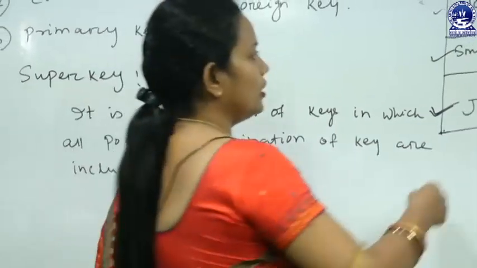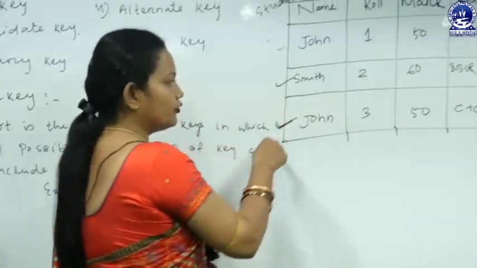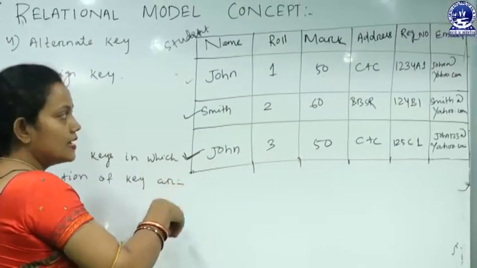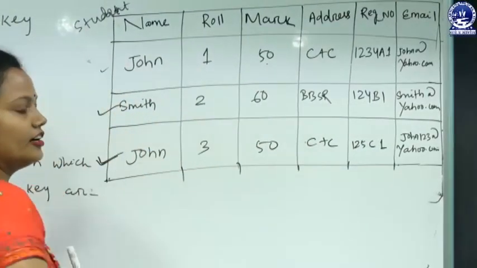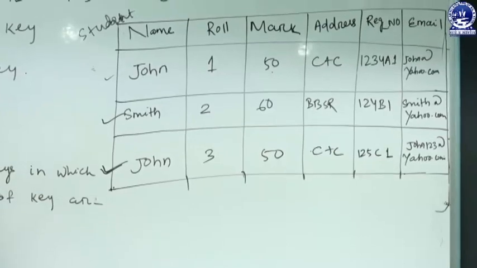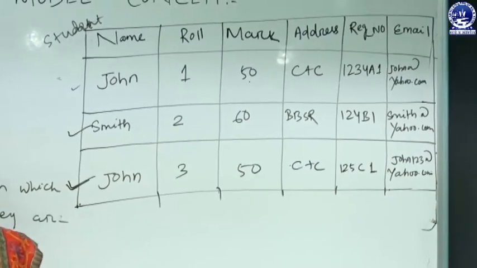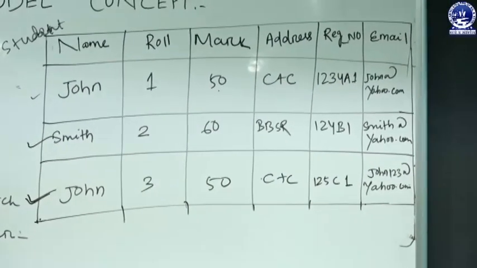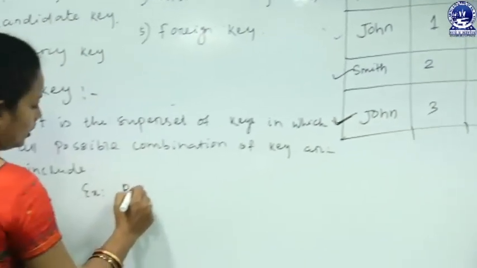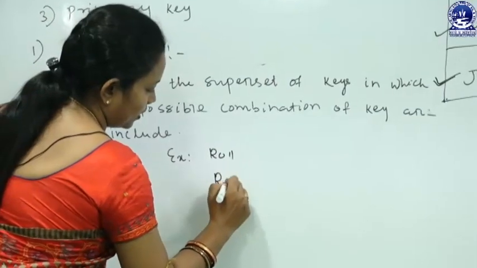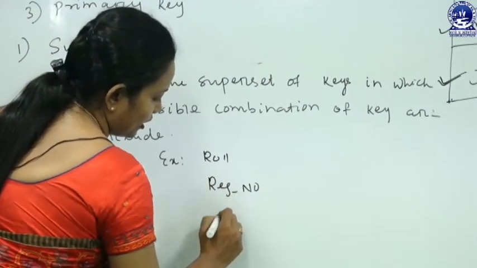By using roll number, we can uniquely identify a particular student's information. Similarly, by using registration number, we can also uniquely identify a student record. Similarly, by using email, we can also uniquely identify a student record. So, our super keys are roll, registration number, and email.